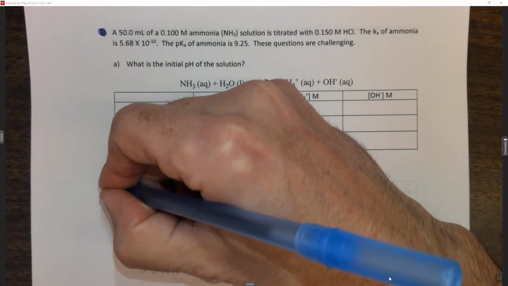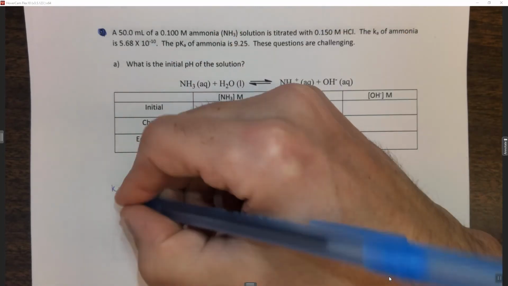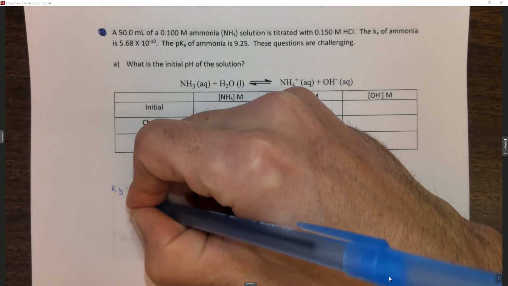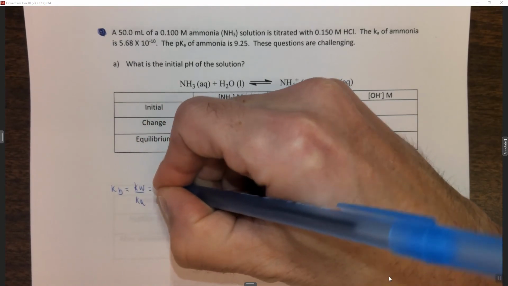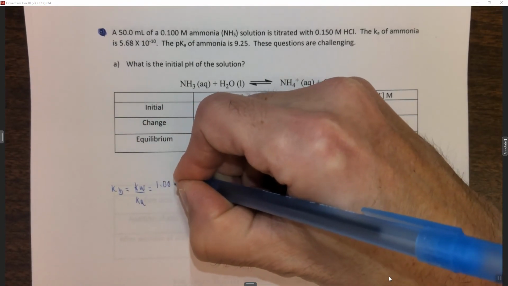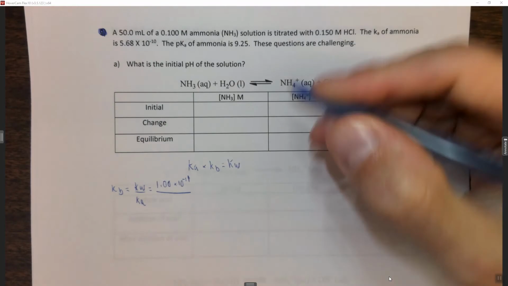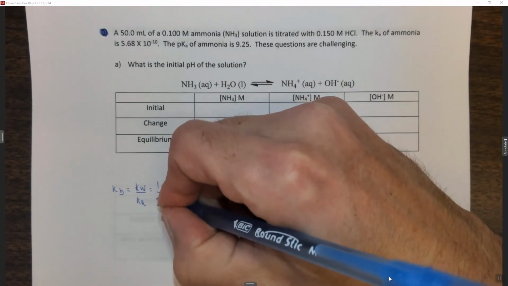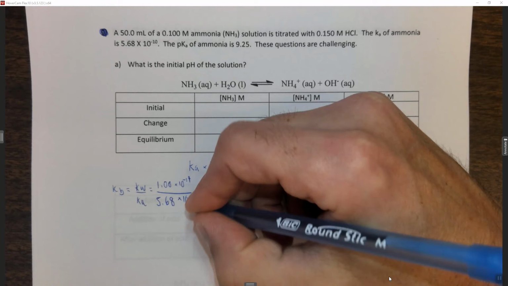Or the Kb equals the Kw divided by the Ka, which is 1 times 10 to the minus 14 divided by the Ka, which is provided, 5.68 times 10 to the minus 10.